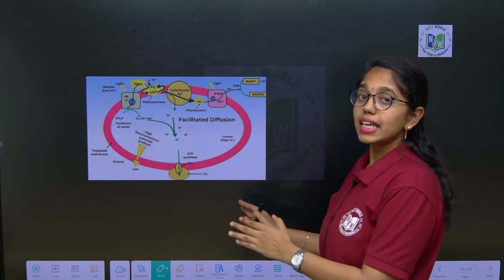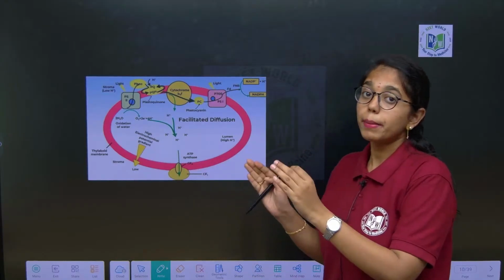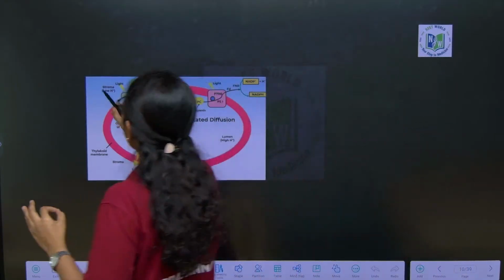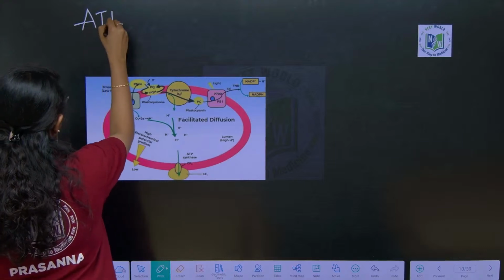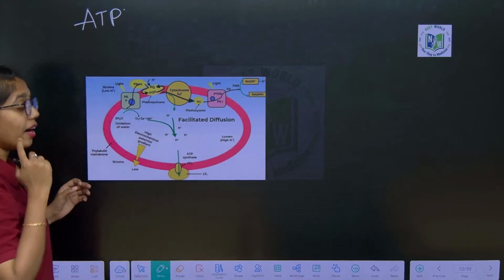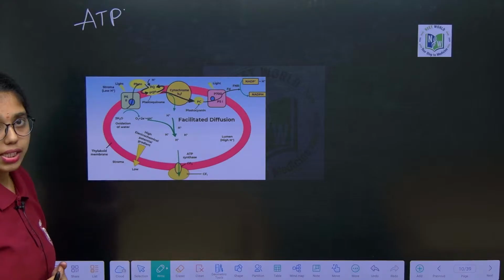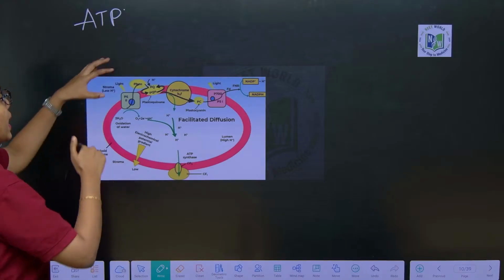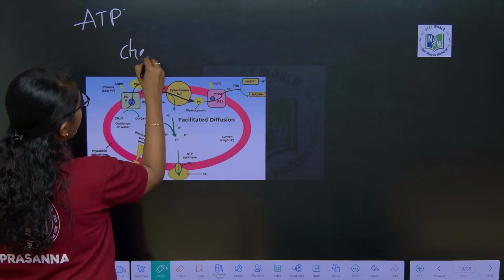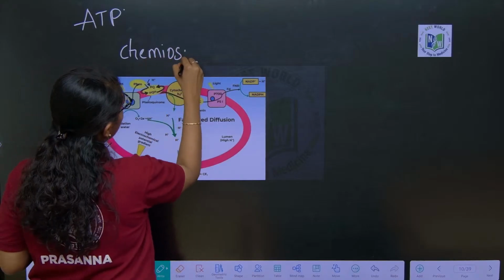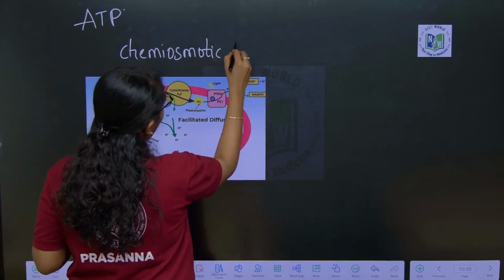Now you can see NADPH formation, but now we have to look into ATP formation. How is ATP formed by non-cyclic photophosphorylation? Here comes the concept of the chemiosmotic hypothesis.